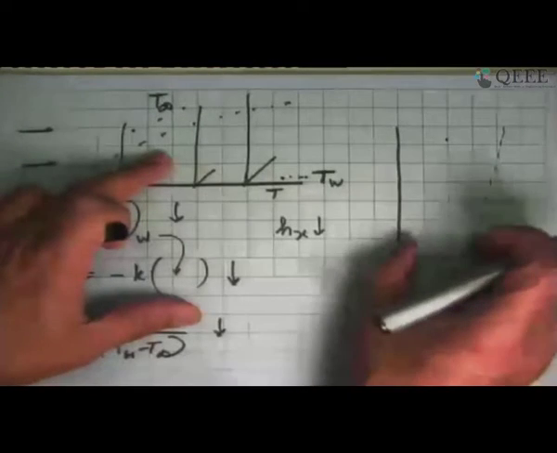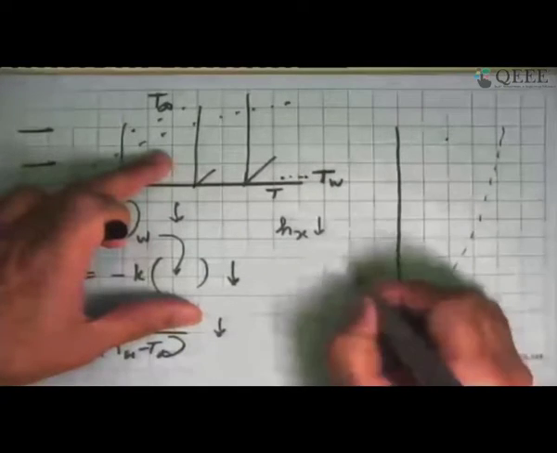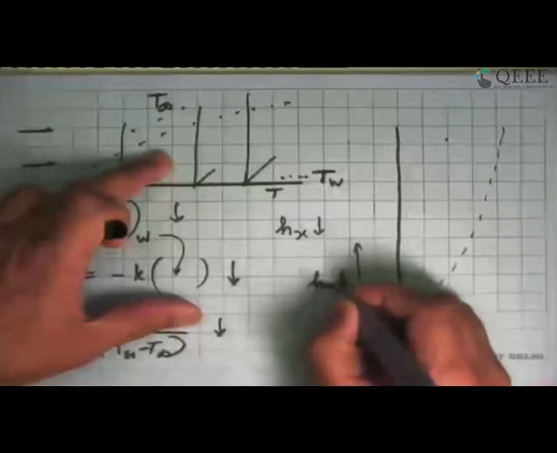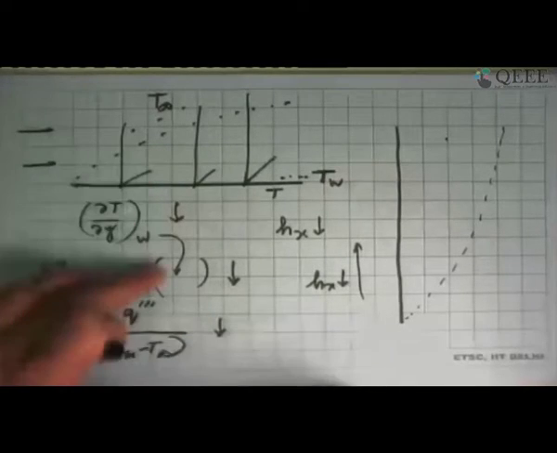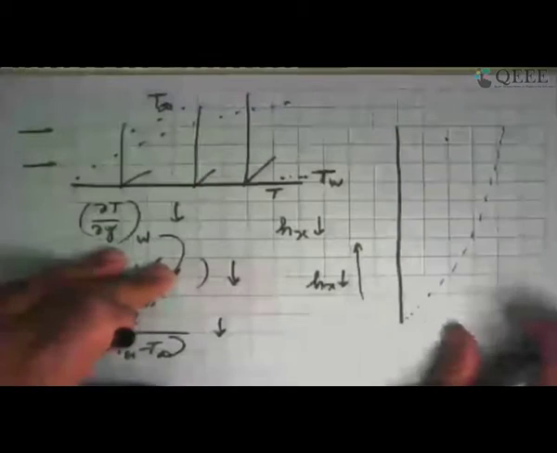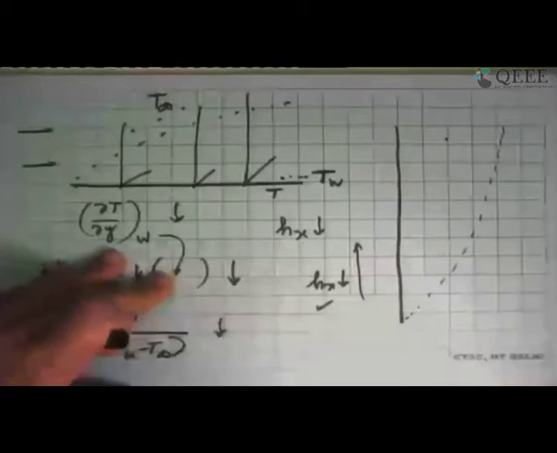The boundary layer keeps getting thicker and thicker, and that's why as you go up, hx keeps decreasing. And if you look at the temperature profile, you will see the same thing happening. So that's the reason why as we go up, the local heat transfer coefficient will keep decreasing. Okay, so that was the question.